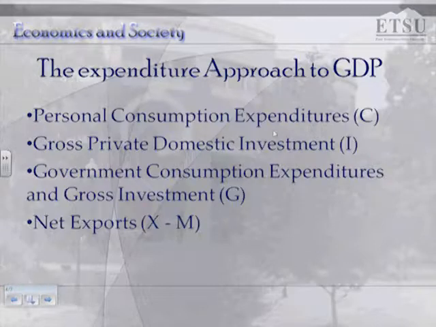Consumption expenditures is that income that's spent in the goods and services market. We call that consumption expenditures. We add to that investment expenditures. So usually we say that what leaks out of that circular flow as household savings is injected back in through private domestic investment.